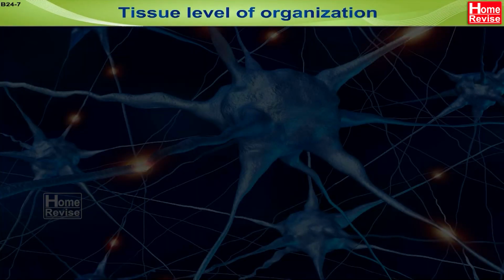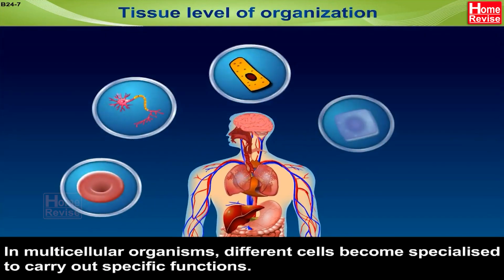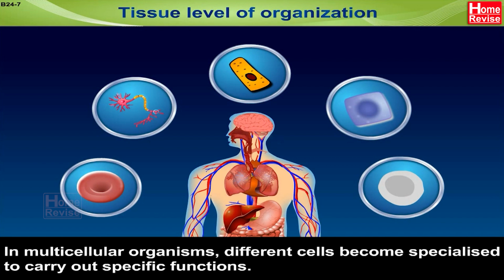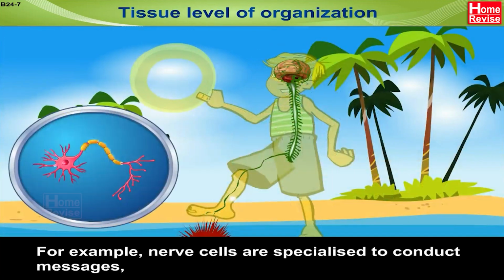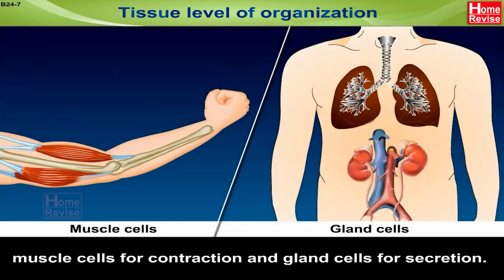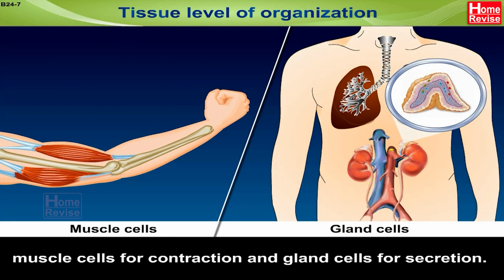Tissue level of organization. In multicellular organisms, different cells become specialized to carry out specific functions. For example, nerve cells are specialized to conduct messages, muscle cells for contraction and gland cells for secretion.